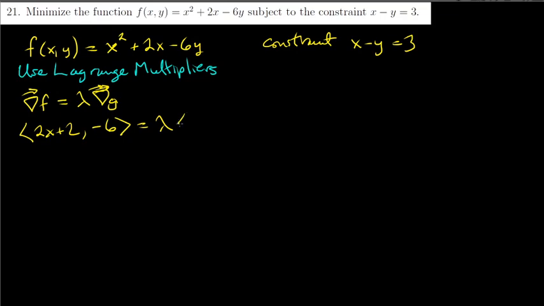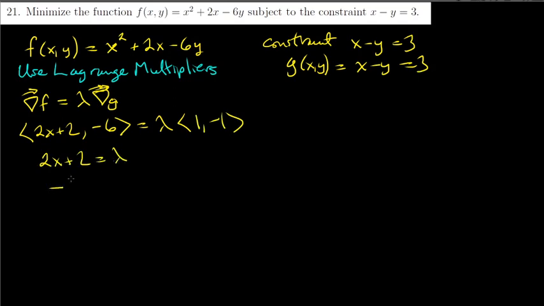That equals lambda times the gradient of g. What's g? g of x and y is x minus y equals 3, so the gradient is (1, -1). So we get 2x plus 2 equals lambda, and -6 equals negative lambda, and then the constraint equation is x minus y equals 3.